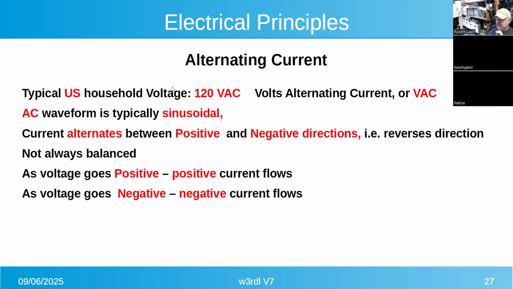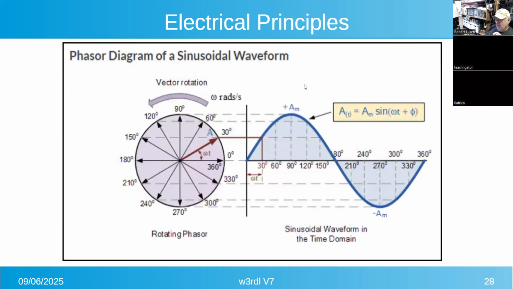And alternating current is what you have in your house. In the United States, it's typically 120 volts AC at 60 hertz. We used to call it 60 cycles, but they decided to use hertz. And remember, it always alternates between positive and negative directions. It was 220 in Europe, and they have different plugs.